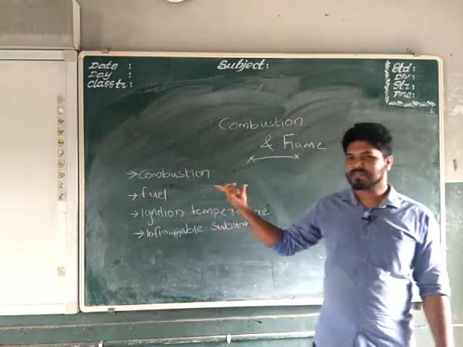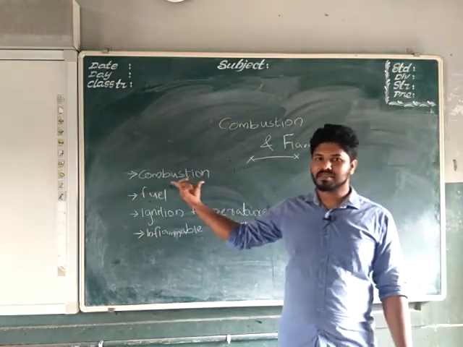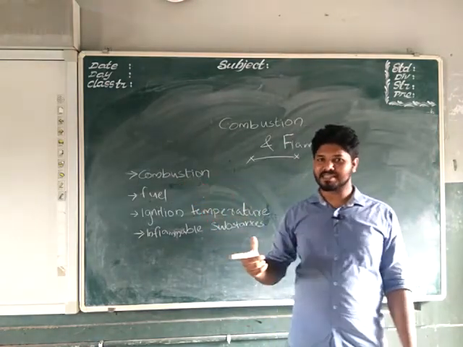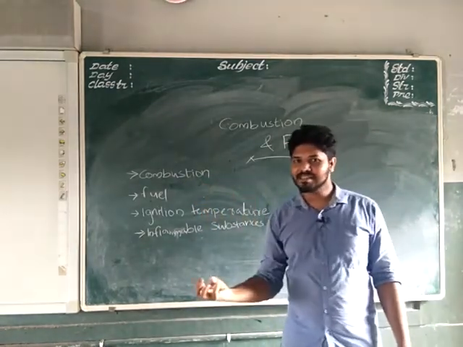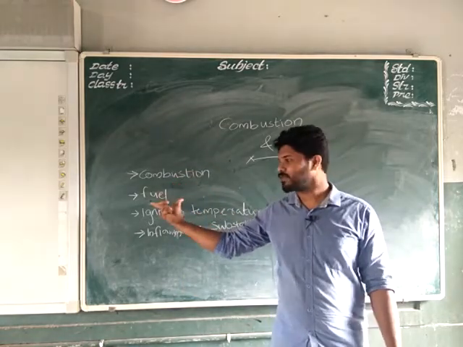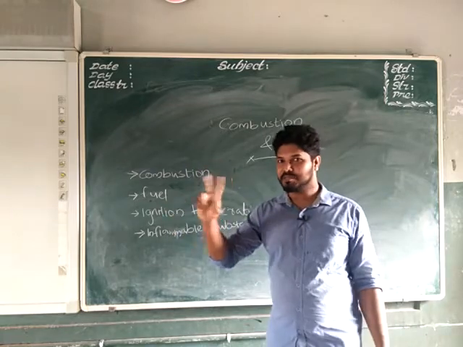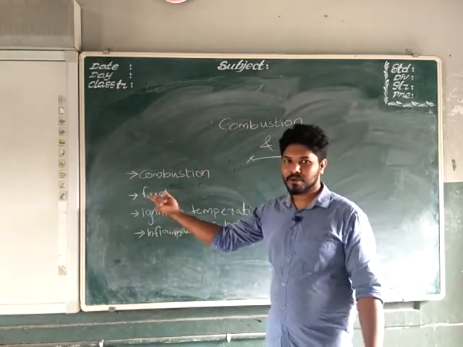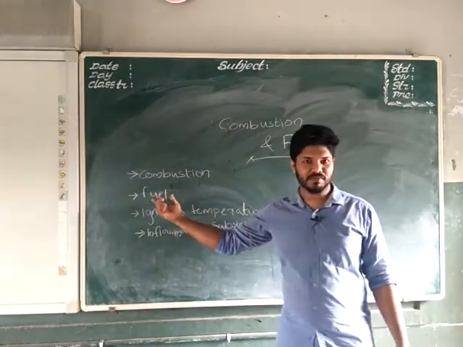So the chemical process which gives off heat and light in the presence of oxygen is called combustion. And the material undergoing combustion is called combustible or fuel. Two names for this: combustible or fuel.